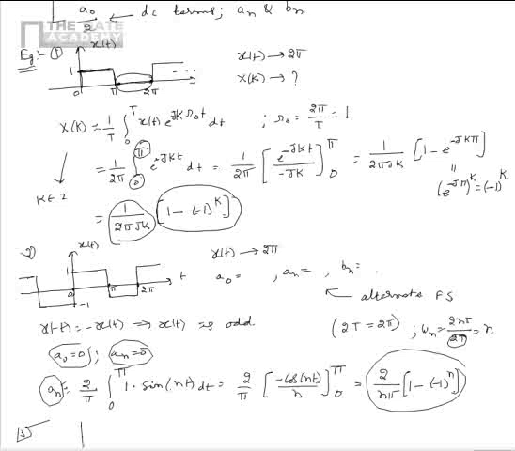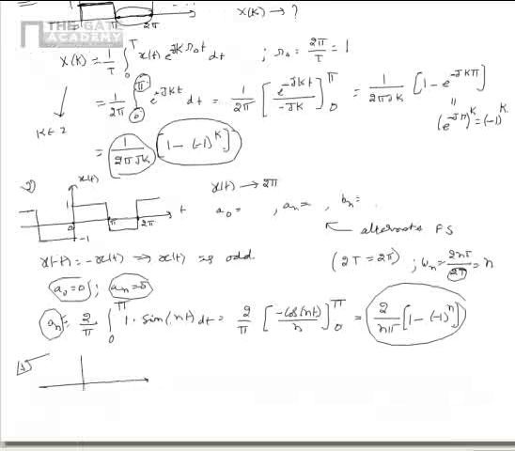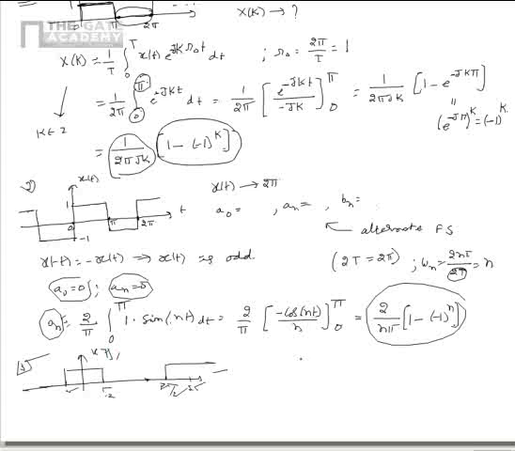Now let us consider another signal which is as shown in the figure. So here we see that the signal is periodic with a period 2 pi.